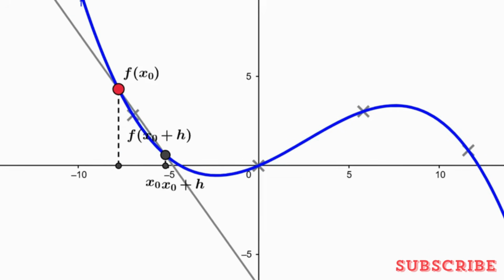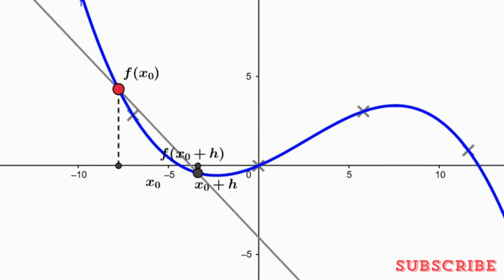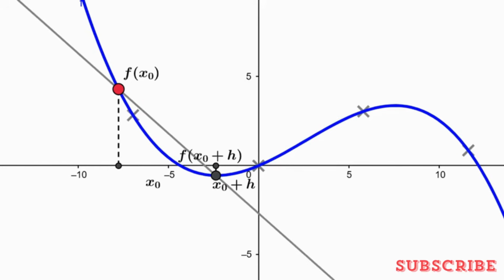So we can technically say that the derivative is nothing but the slope of the tangent at that particular point. Let us do it once again and see what exactly the derivative and chord technically mean.